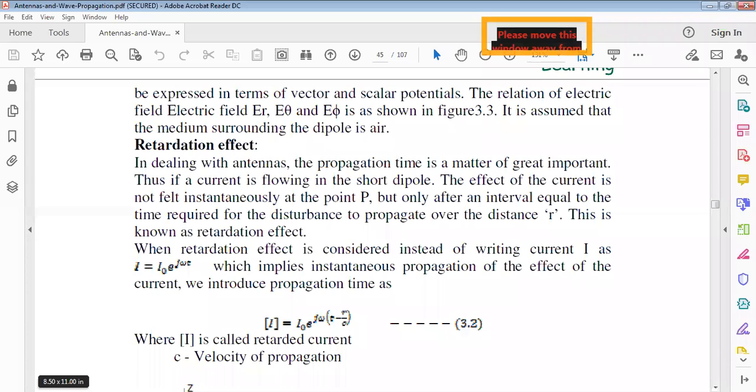Retardation. What is the necessity behind the retardation effect? When we consider a piece of wire, that piece of wire has a number of electrons, and the electrons have negative charge.